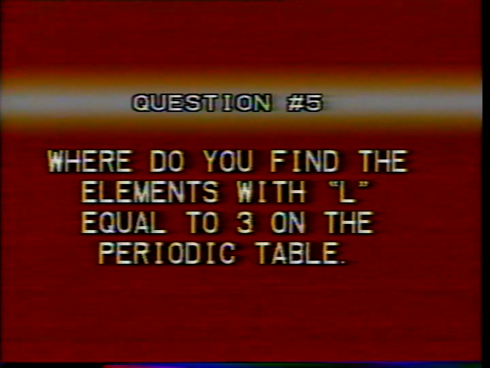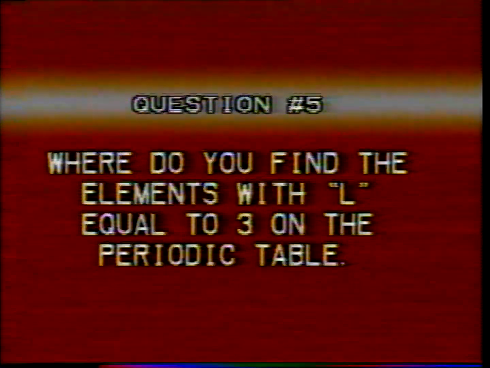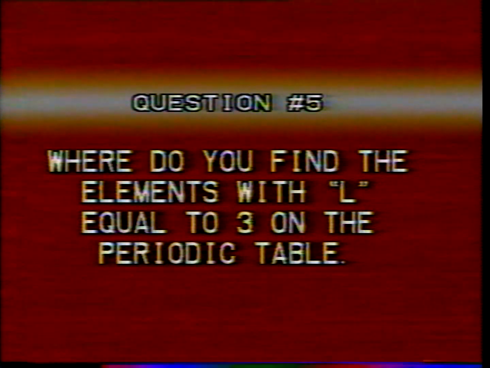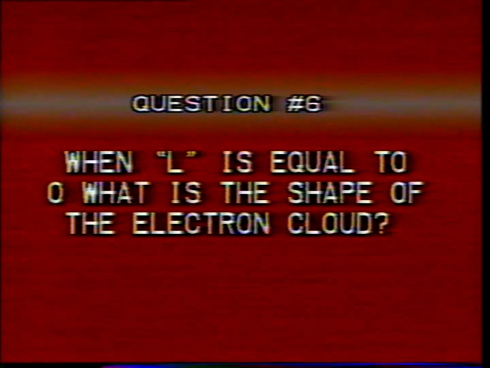Where do you find the elements with L equal to 3 on the periodic table? Question number 6. When L is equal to 0, what is the shape of the electron cloud?